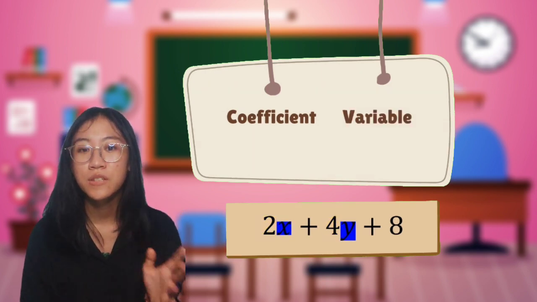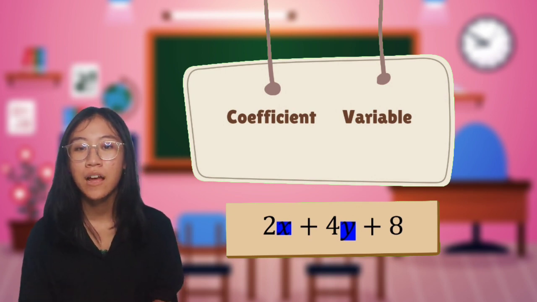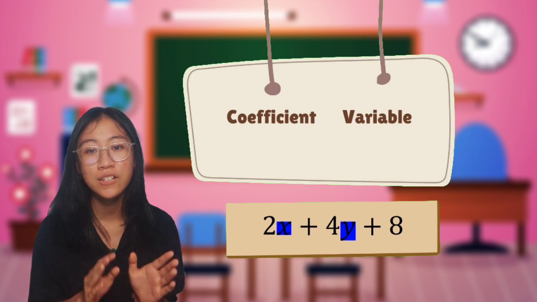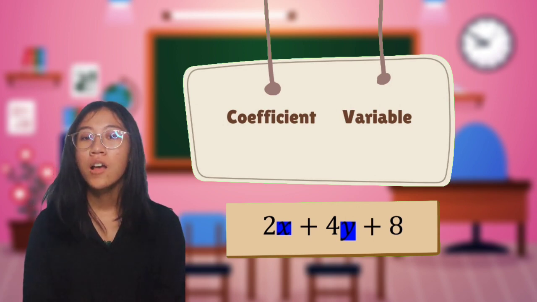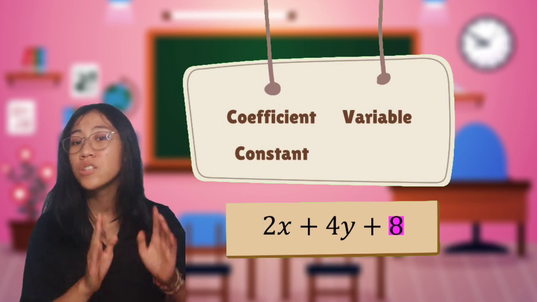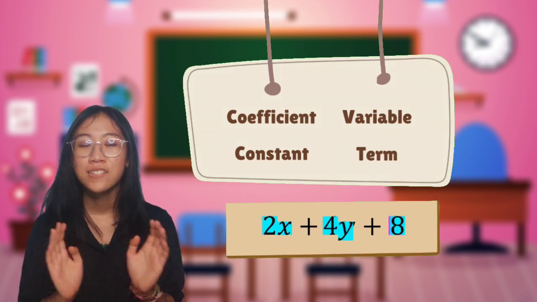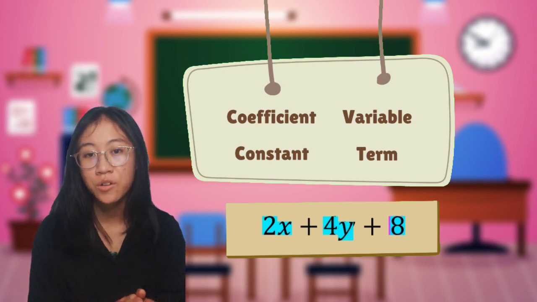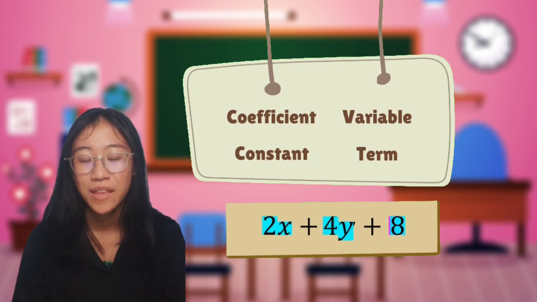Variable is a substitute for numbers whose value is unknown. Variables are usually denoted by letters such as A, B, C, and so on. A constant is a number value that is not followed by a variable. Term is a part of an equation consisting of variables, coefficients, and constants.